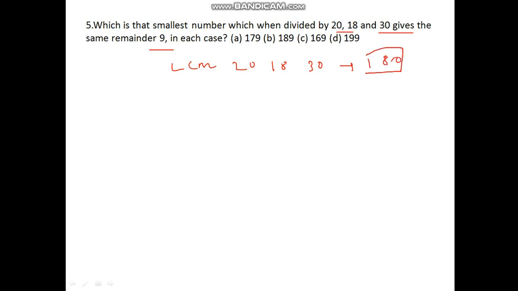As 180 is the total that is fully divisible by 20, 18 and 30, the extra is 9. So if we take 189, that will give remainder 9. So in this type of problem, you have to take the LCM first, then add the remainder. That will be the answer.